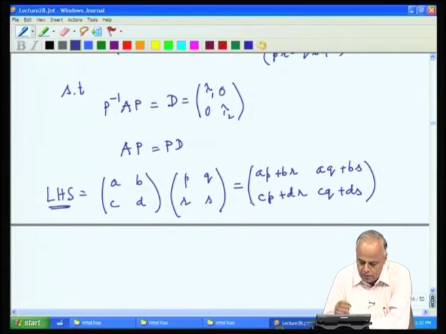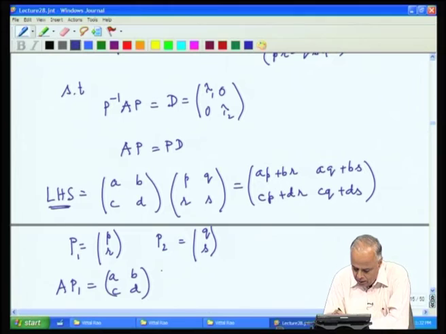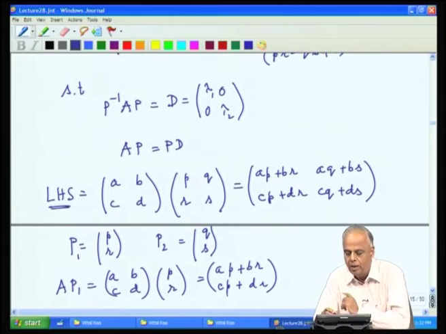Now, let us look at our column notation. We have P 1, the first column of P is P R, P 2 is Q S. So, what is A P 1? A P 1 is A B C D into P R, which is A P plus B R, C P plus D R. This is the first column of the product.